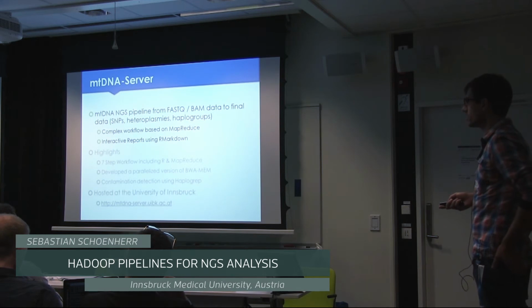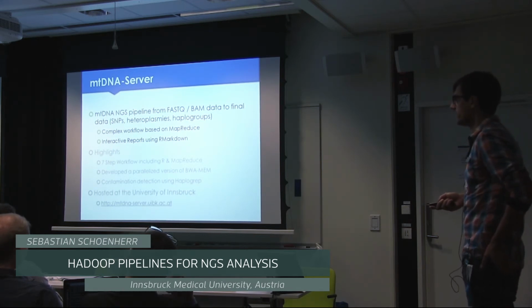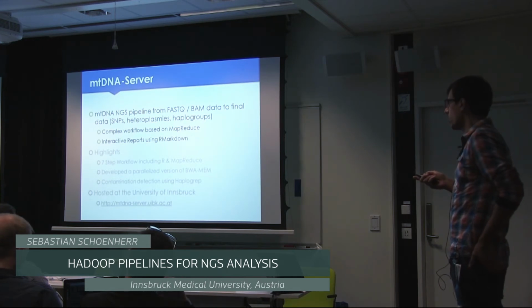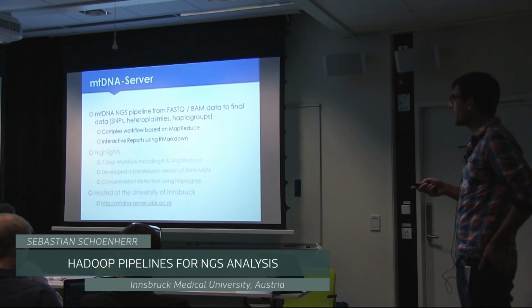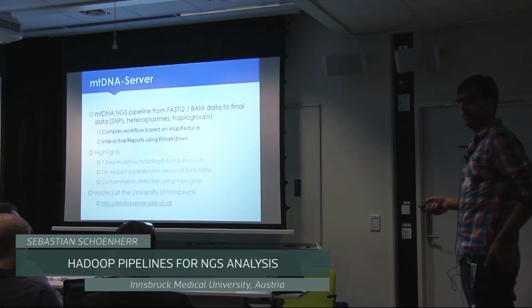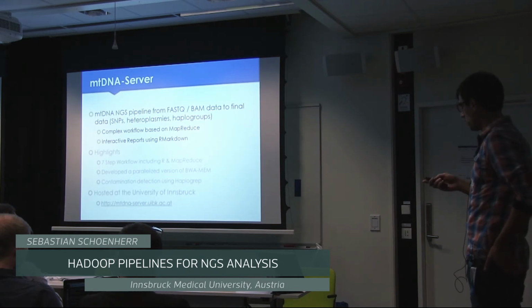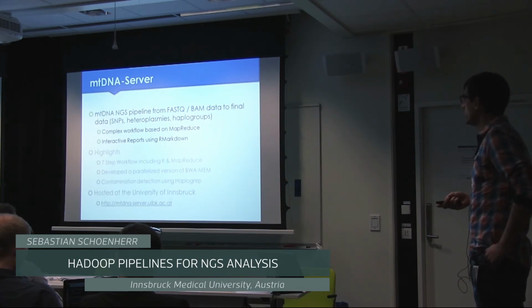The second service we are providing in Innsbruck is the mtDNA pipeline. It's a more MapReduce-like framework, and in this workflow we start with FASTQ data. We do the alignment, and we also do the pre-processing of the data. We give some statistics back to the user.